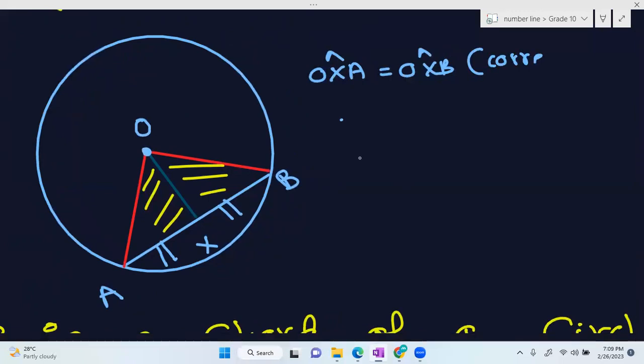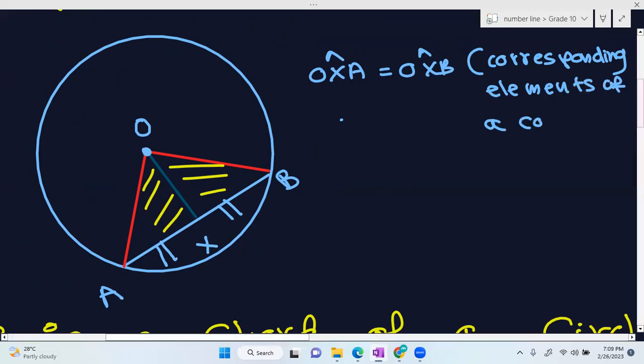Corresponding elements of congruent triangles. After that we know that angle OXA and angle OXB lie on a straight line segment.